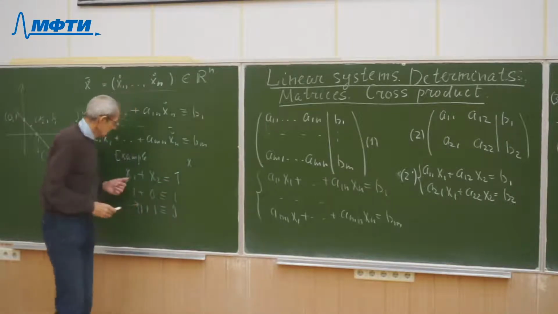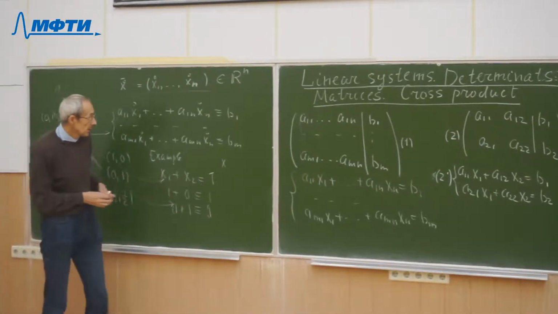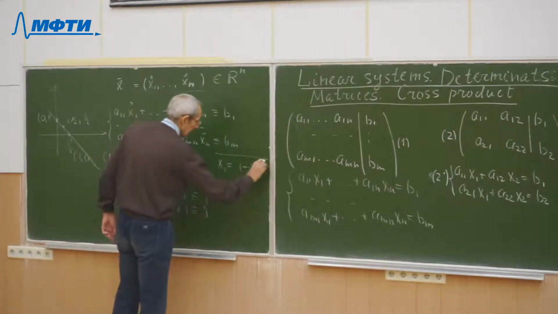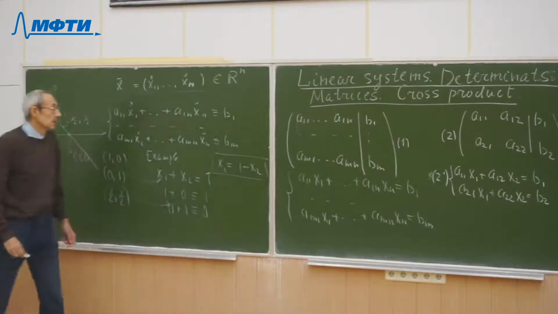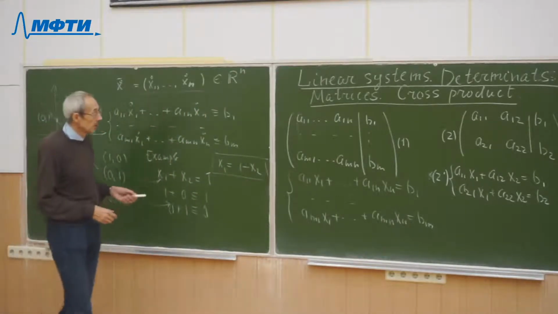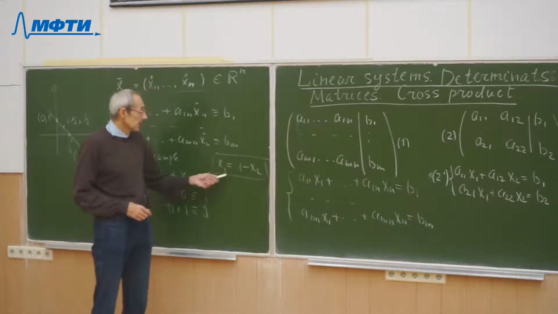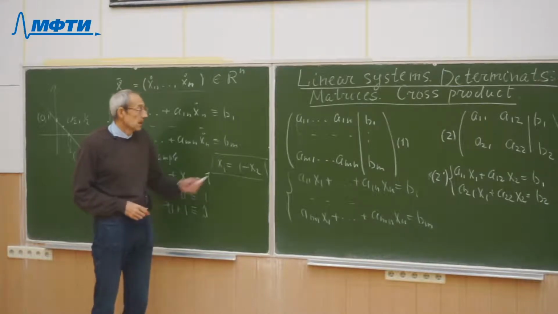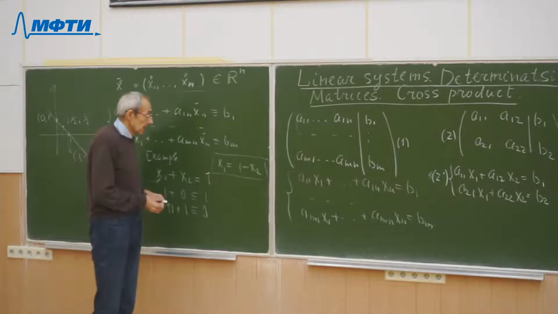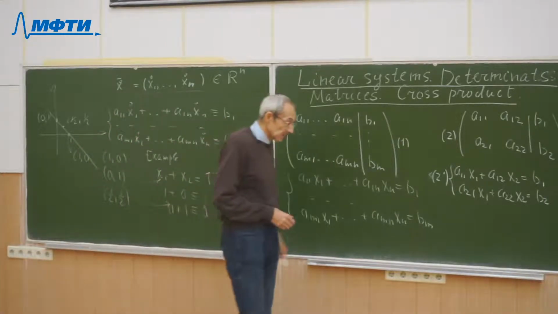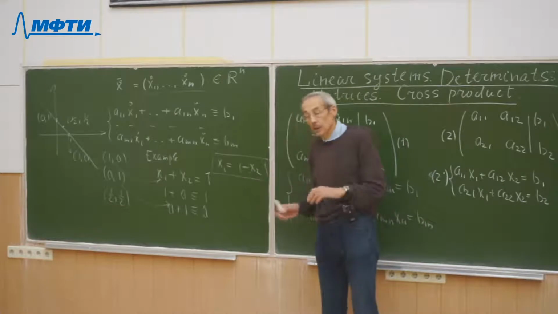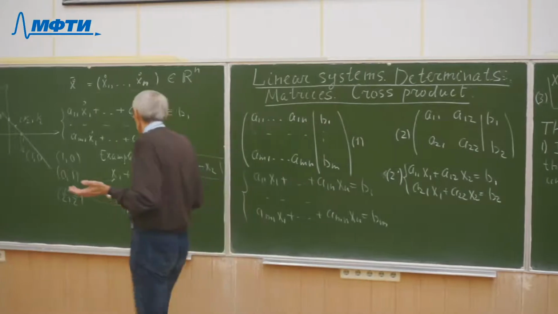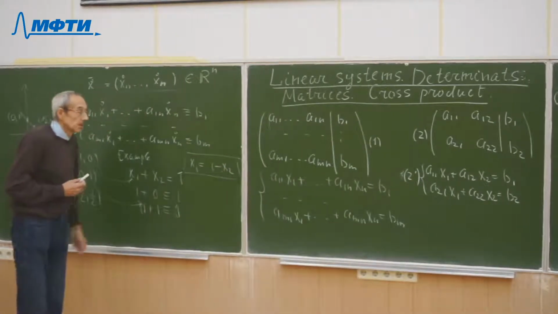We can express one of the unknowns using the other: x1 is equal to 1 minus x2, and we can substitute arbitrary real numbers for x2.